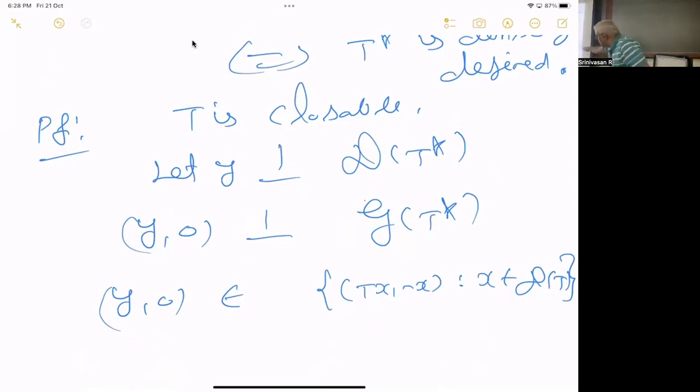That means this closure is equal to G of T star perp, right? If M is orthogonal to some set S, we have proved that the smallest closed subspace generated by S is S perp perp. So the perp of this is that, and the perp of that is the closure of this, right?